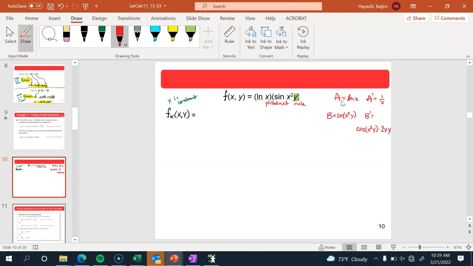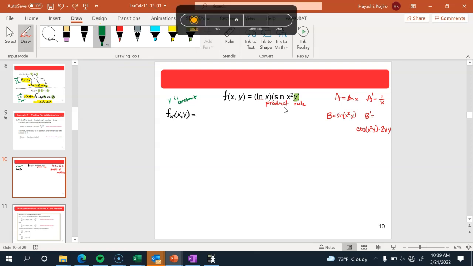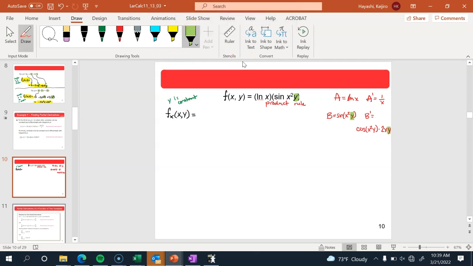Got to keep remembering to be taking any derivative that you're taking with respect to x when you're taking the partial derivative with respect to x. Right? 2xy, because that's the derivative of x squared y with respect to x. So that's because y is constant.